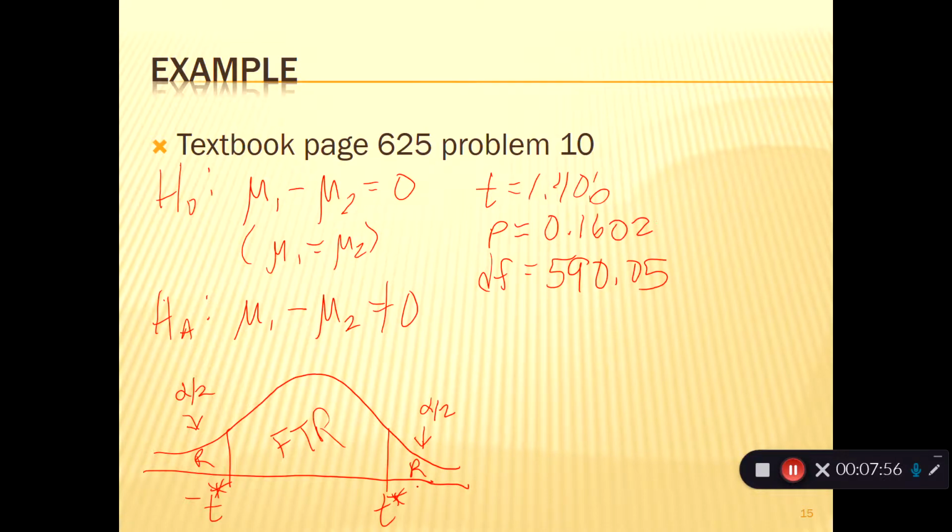Okay, now I can either compare this T value to the T critical, which I didn't bother to find, but I could look up in a chart. But equivalently, I can compare this to alpha. This is bigger than the alpha of 0.05, so that tells me I fail to reject. My T value is over here in this fail to reject region. This is where the 1.406 is, okay?